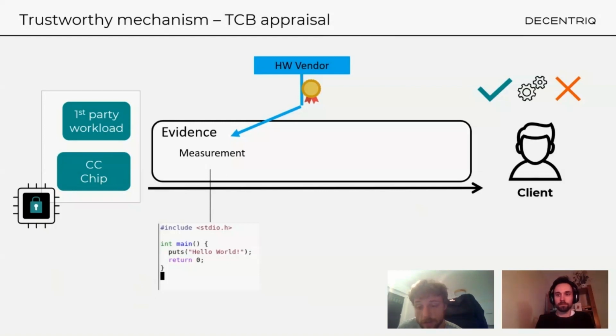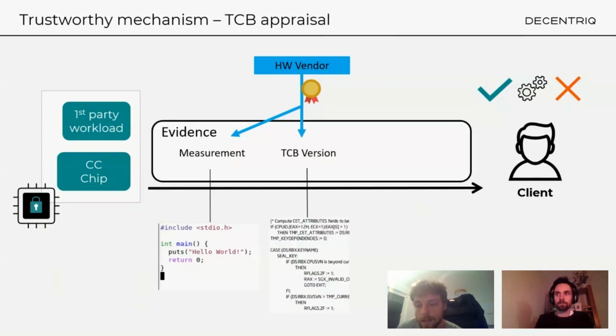So the second thing we're looking for is some kind of versioning scheme of the technology that we're using. In this case, we're calling it TCB version, Trusted Computing Base versioning. This includes various components of the technology, like the microcode or perhaps a firmware version.